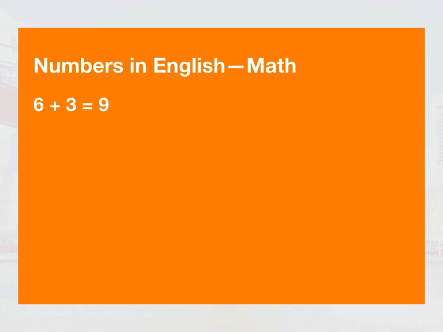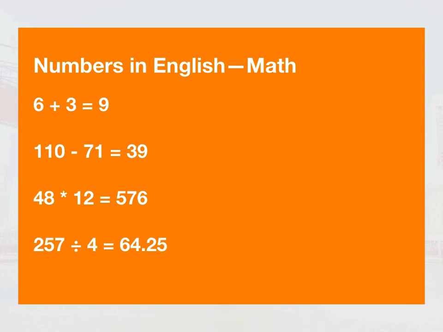So let's look at some examples. 6 plus 3 equals 9. 110 minus 71 equals 39. 48 times 12 equals 576. 257 divided by 4 equals 64.25.